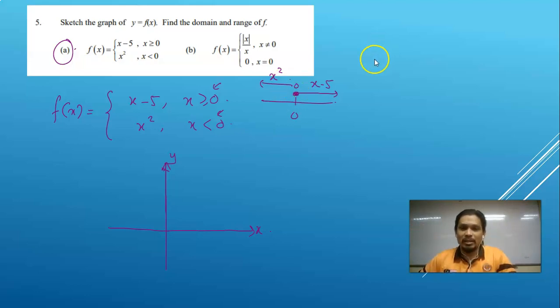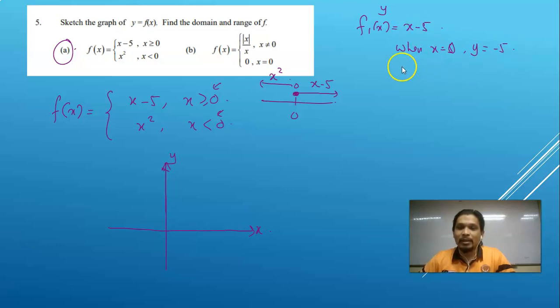Okay, let's sketch in general, let's say, f1(x) equal to x minus 5. We sketch in general without limiting the domain first. So just imagine that this is y equal to x minus 5. When x equal to 0, y equal to negative 5.